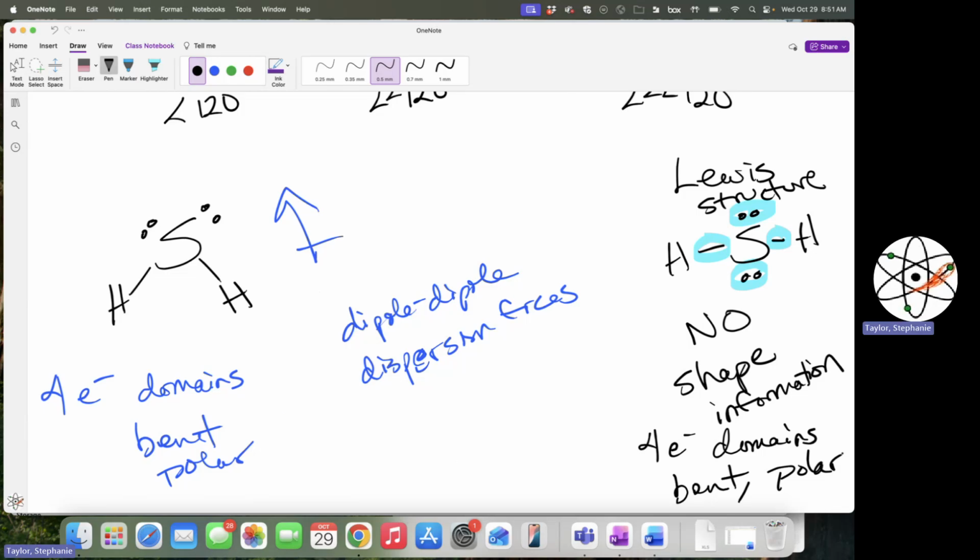Because you can still get that same information. But what it looks like to the human eye can play a role. So keep in mind that the picture on the left is the shape picture. The picture on the right, there's no shape information to give. So this is a good example of why practicing drawing the shapes is helpful to understanding the other components.